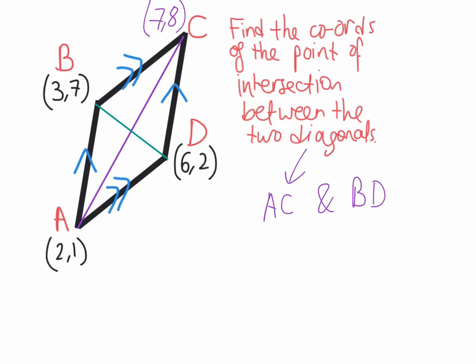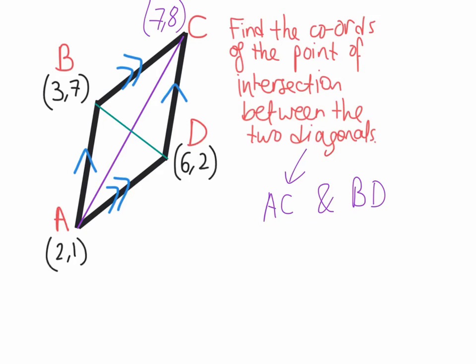Now, using the geometric properties of the parallelogram, you can ascertain that the point of intersection between these two diagonals will be at the halfway point along each diagonal. And we can use a similar deconstructing these lines into triangles method to what we did before.